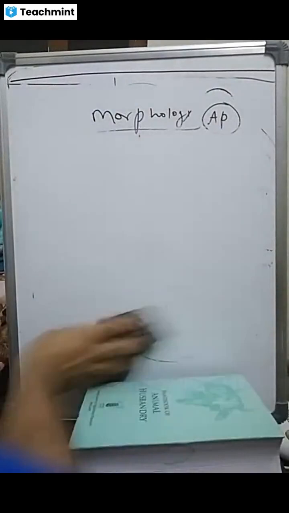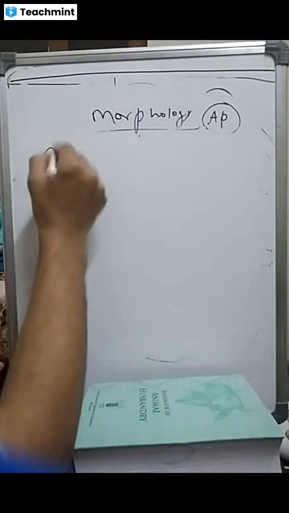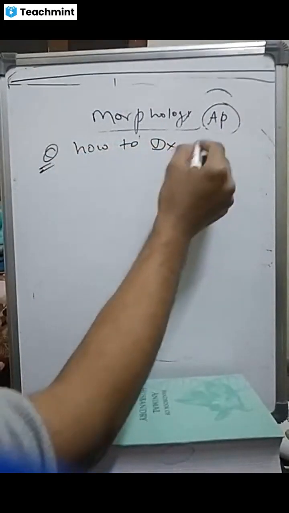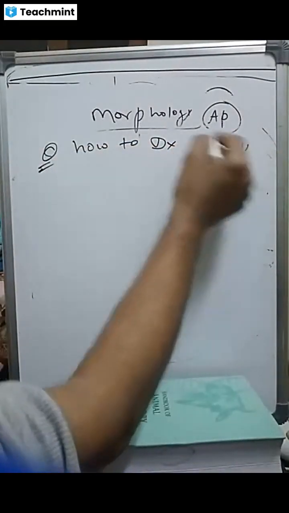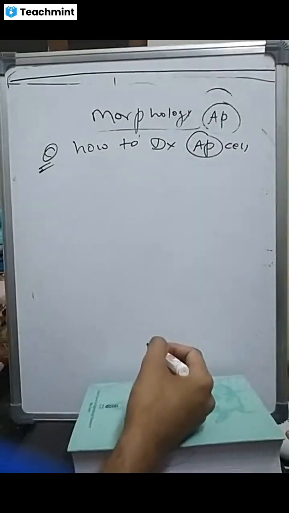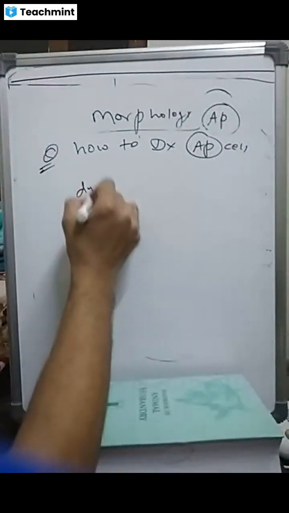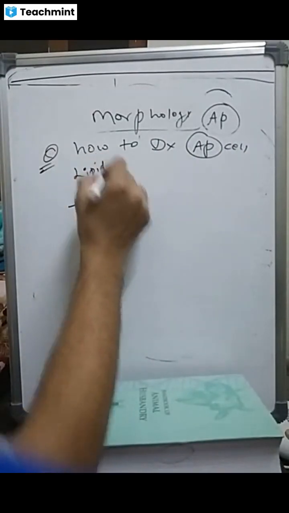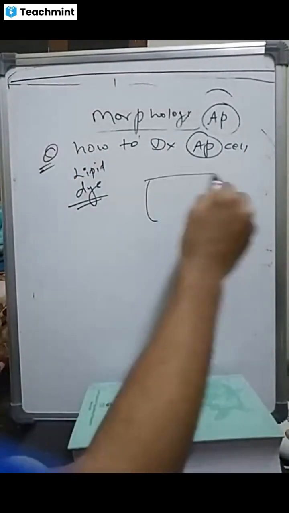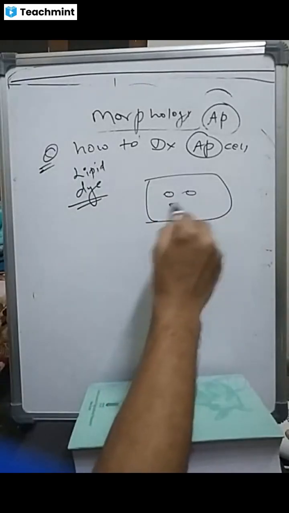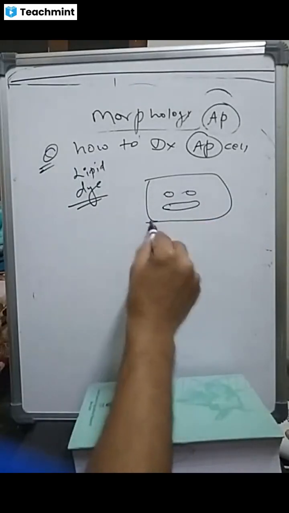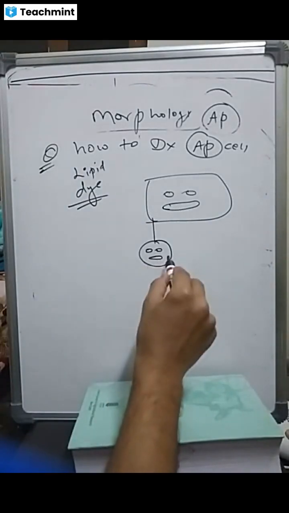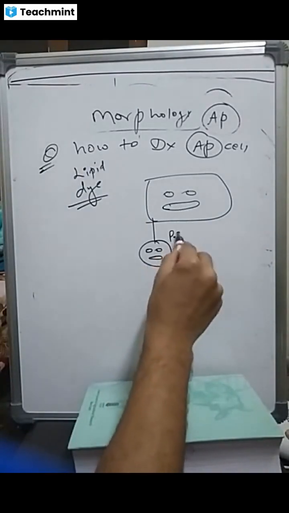The question is how to diagnose an apoptotic cell from a normal cell. If you have some dye which loves lipid, for example, this is the apoptotic cell, where this is phosphatidylserine.